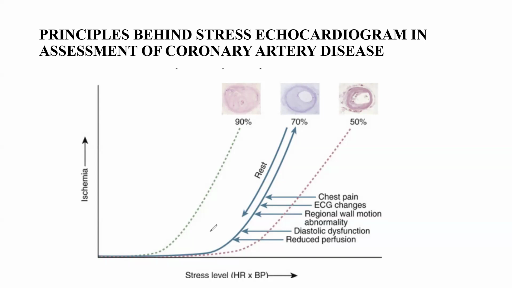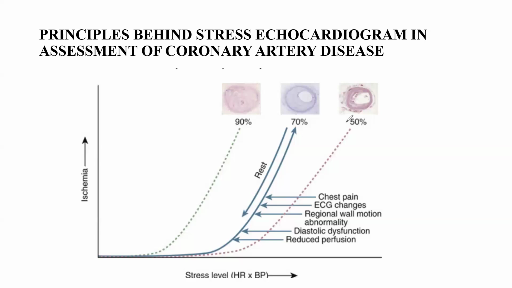If there's obstructive coronary artery disease, they will get to a point where you will be unable to get adequate blood supply. If you have a 90% stenosis, the evidence of reduced perfusion and diastolic dysfunction will occur way earlier on minimal stress compared to if it was 50%.